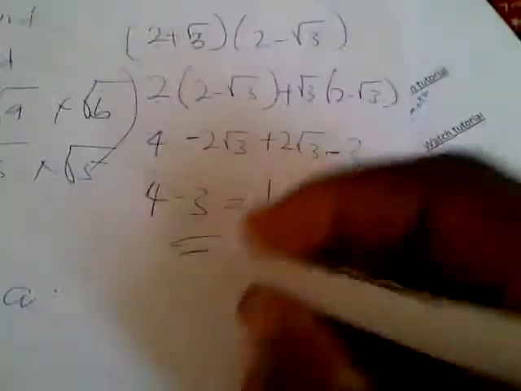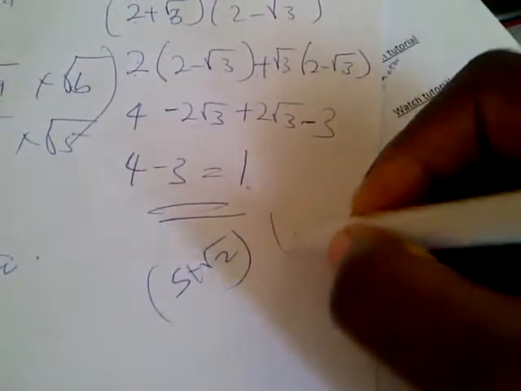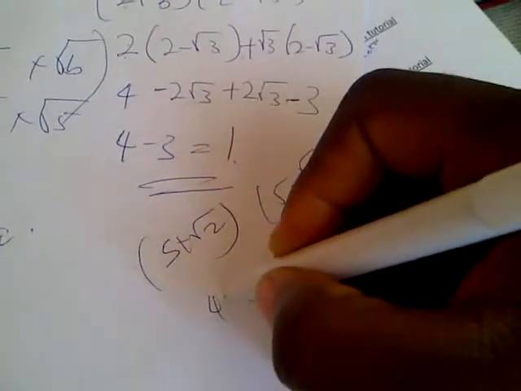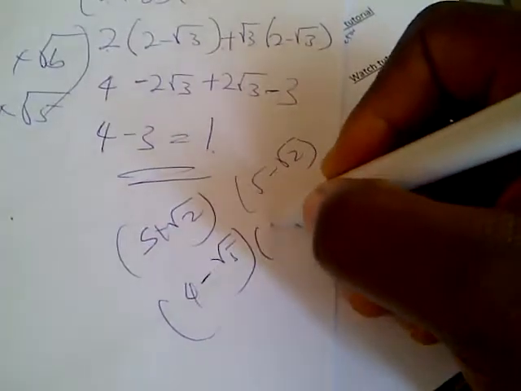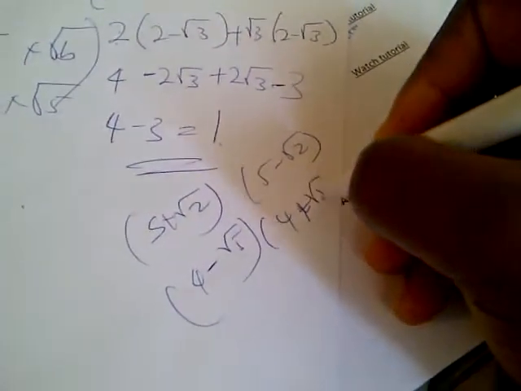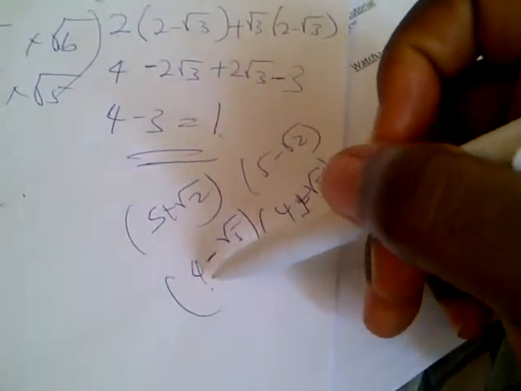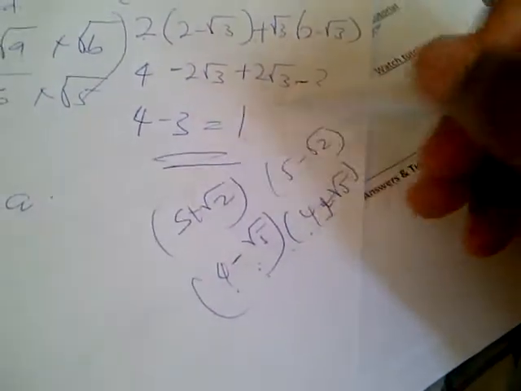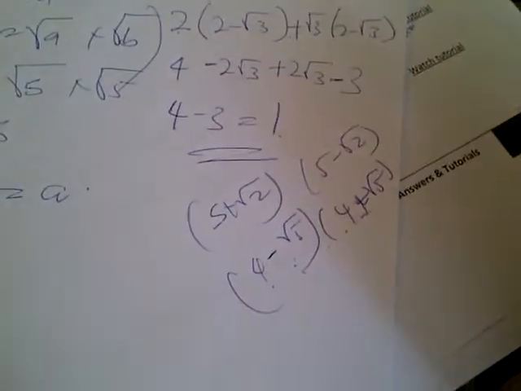So if you have 5 plus root 2, the additive inverse is 5 minus root 2. If you have 4 minus root 5, the additive inverse is 4 plus root 5. So when you multiply a surd number by its additive inverse, you're going to have a whole number. That's the ideology we're going to use when we talk about rationalizing surds.